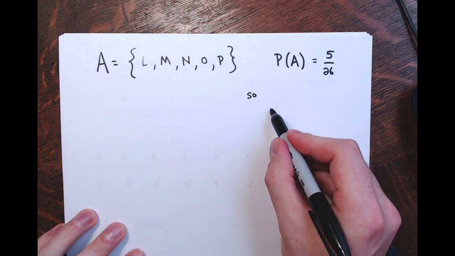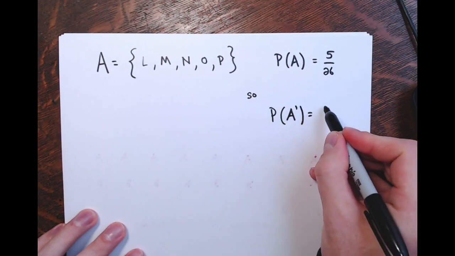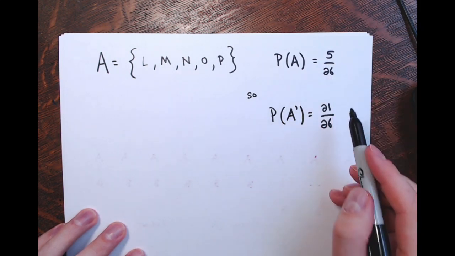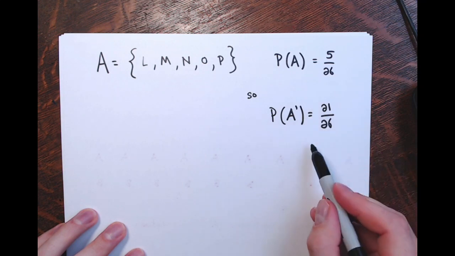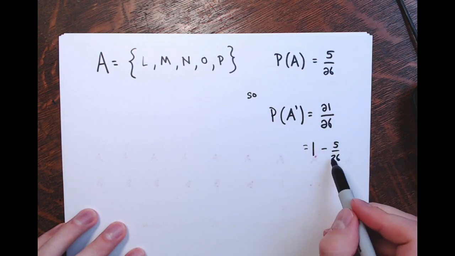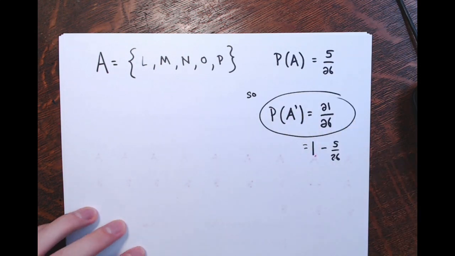So that means the probability of not doing this must be 21 out of 26, right? Because basically, subtract this from 1. This is 1 minus 5/26, and get a common denominator. That'd be 26/26 minus 5/26, or 21/26.